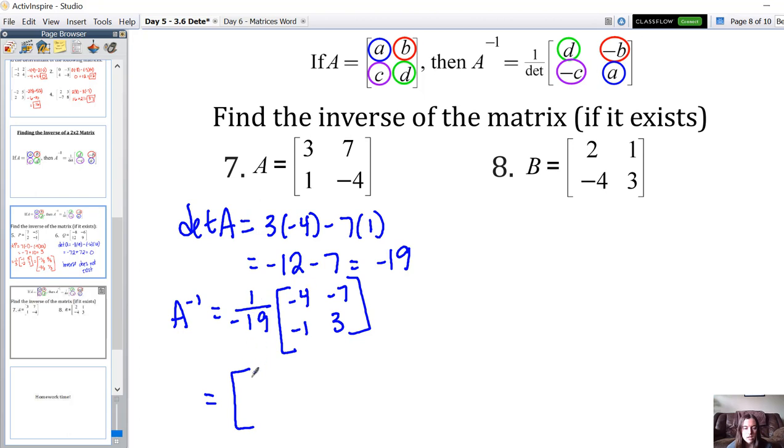So negative times negative is a positive 4 over 19, positive 7 over 19, 1 over 19, and -3 over 19. That is the inverse of our original matrix A.